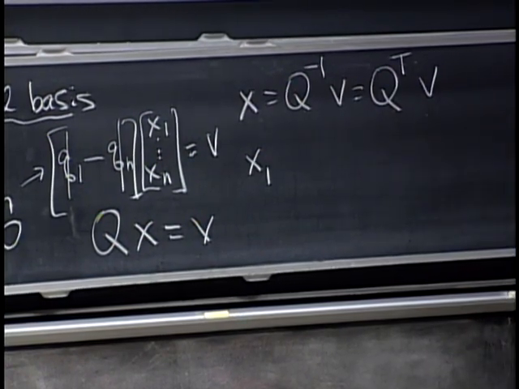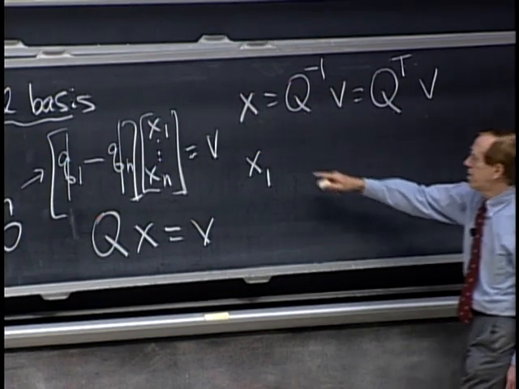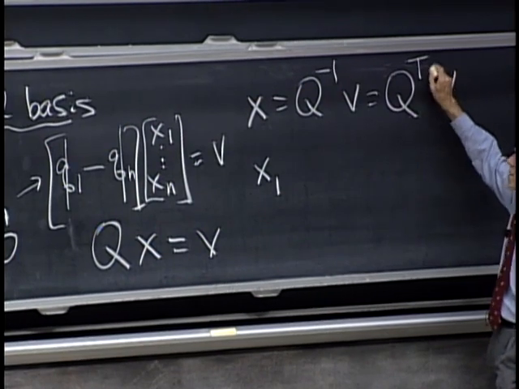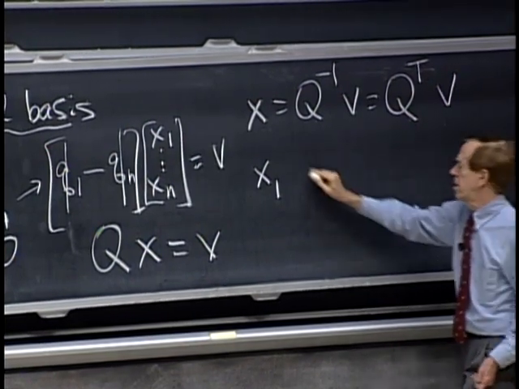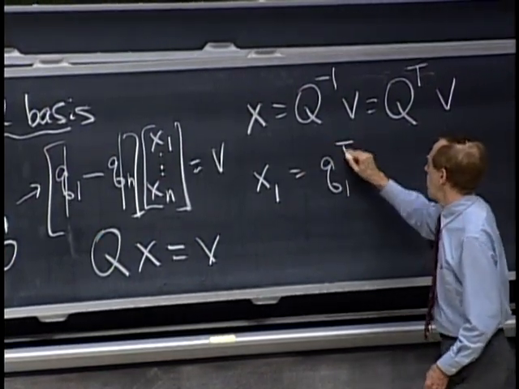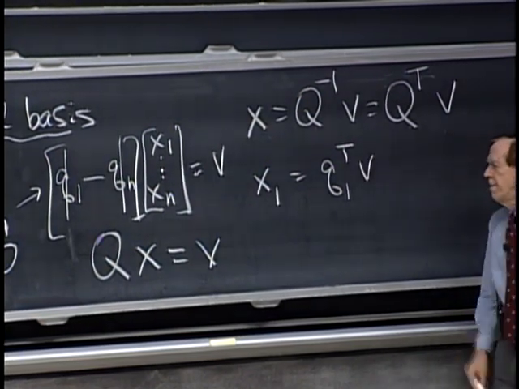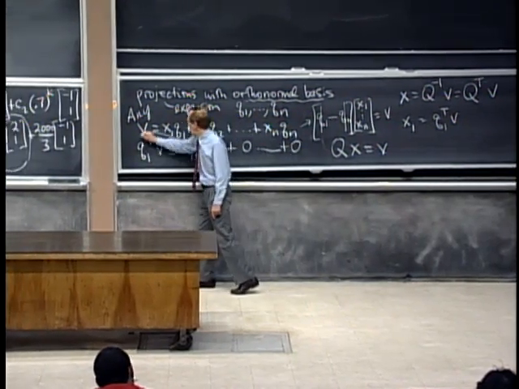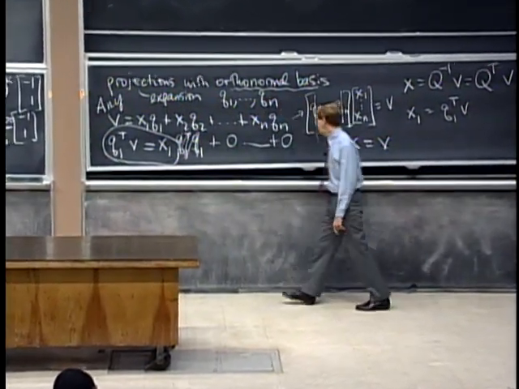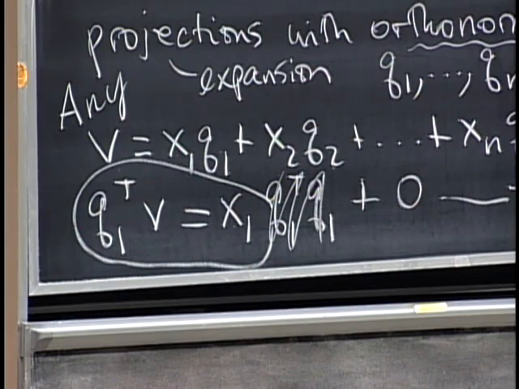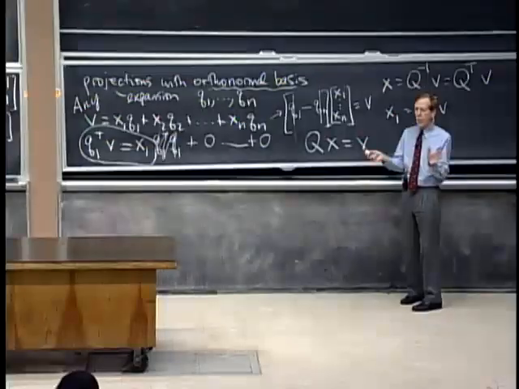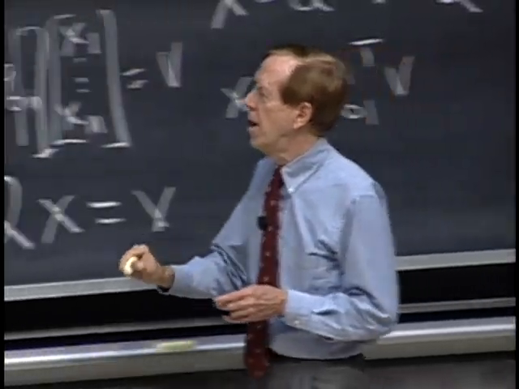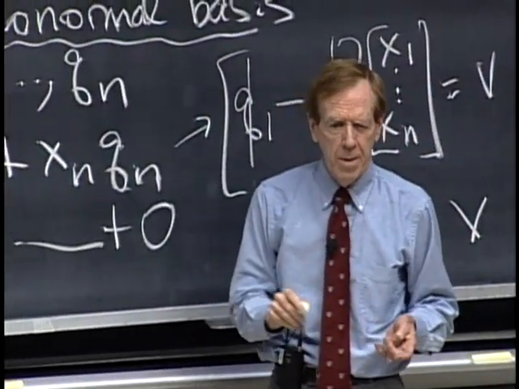And what's that? The first component of this answer is the first row of Q transpose. That's just q1 transpose times v. So that's what we concluded here too. Okay, nothing Fourier here. The key ingredient here was that the q's are orthonormal.